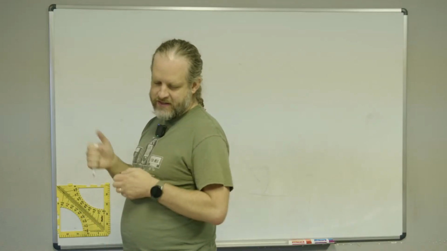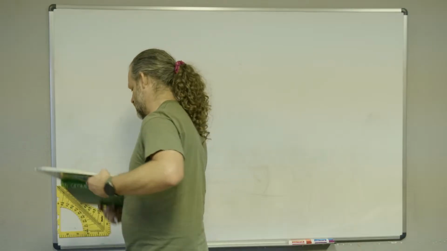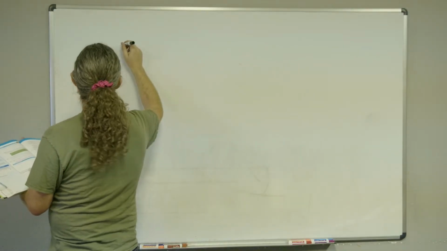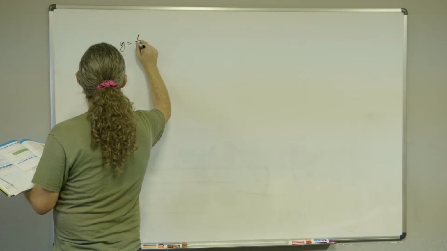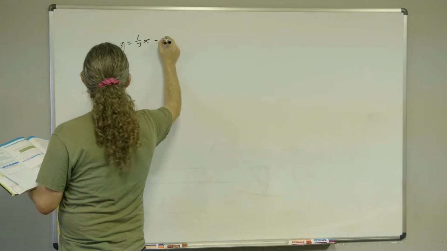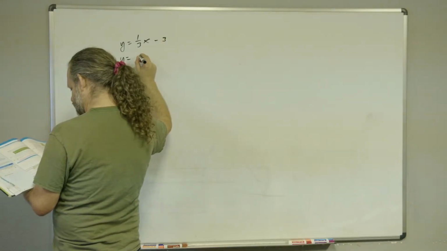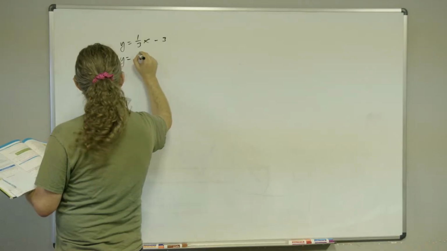All right, number 24. We're supposed to find the distance between y equals 1/3 x minus 3 and y equals 1/3 x plus 2.